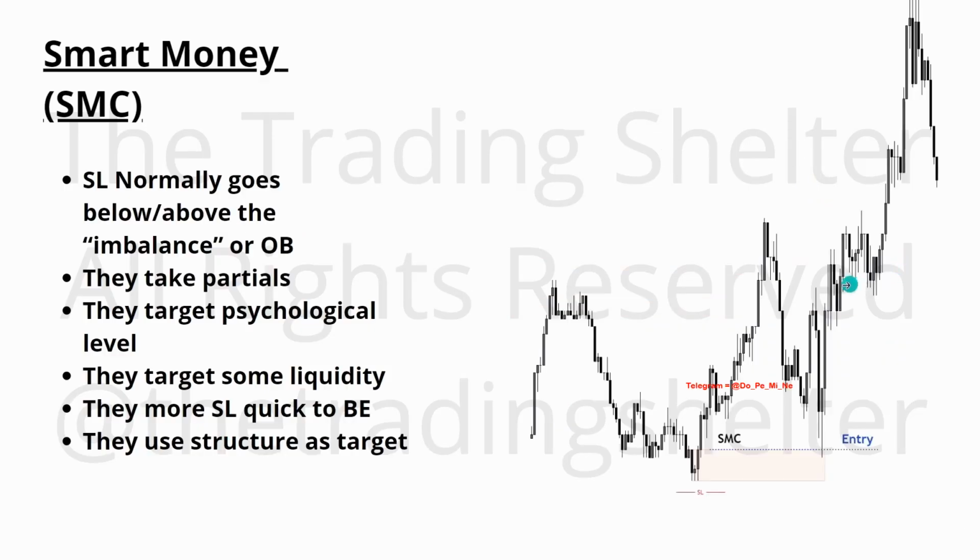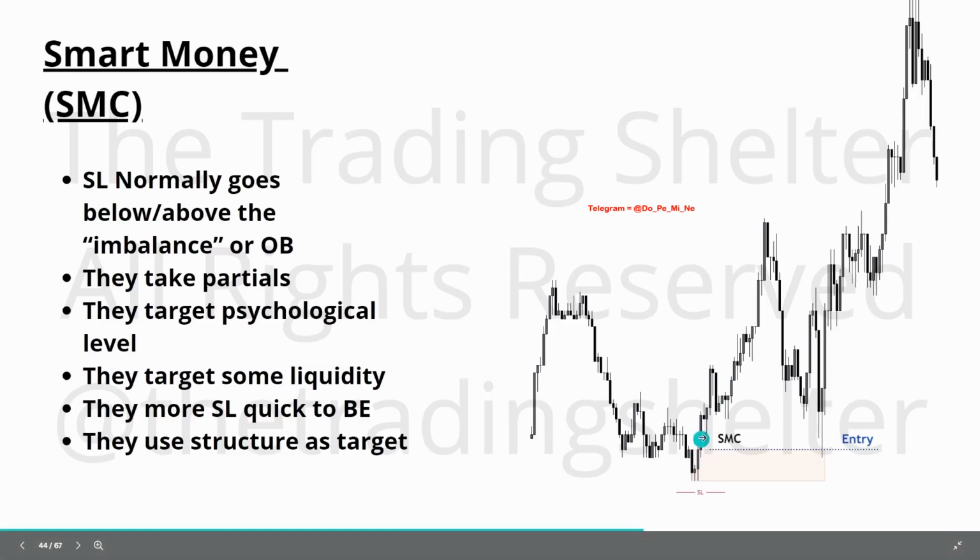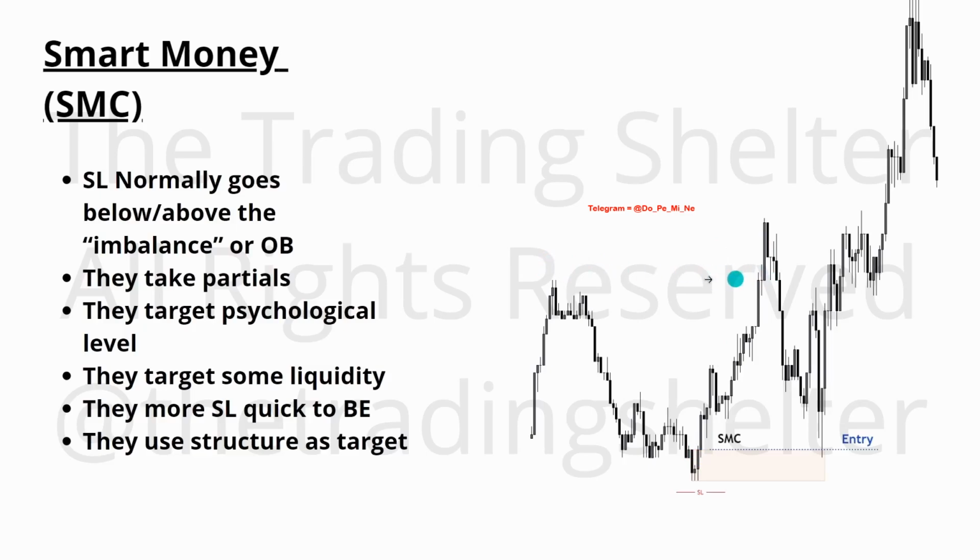Okay, now how does it look on the chart? You can see it here. They have potentially a break of structure here from the left. There's an imbalance here, there's a push. This is the correct break of structure, and they enter here. It's a valid entry. Even I can trade that way.